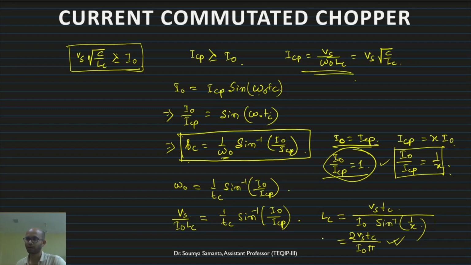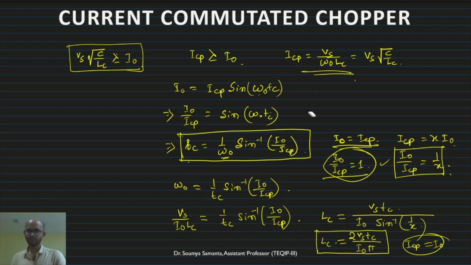This one is the Lc expression. So we have found the Lc expression, and we can use it to find the value of C. The very important thing is that only if ICP equals I naught is this expression valid. Otherwise, this is the expression.